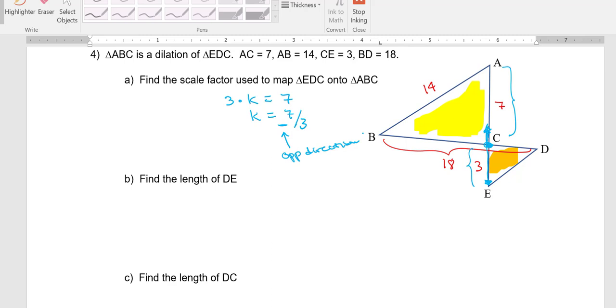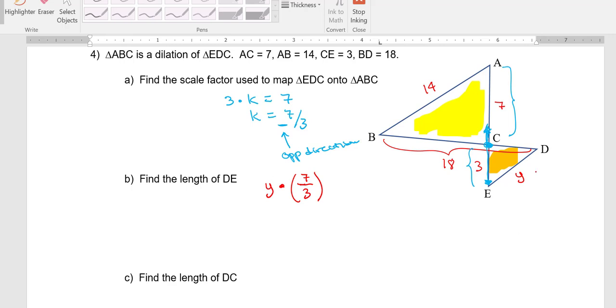Now, on the next part, we're supposed to find the length of DE, which is this one right here. Let's call it y. Using the same thing we just did, it's going to be y, which we're looking for, times our scale factor. Let's just use positive 7/3, because we know it's going to be in the opposite direction already. We don't need to use the negative.